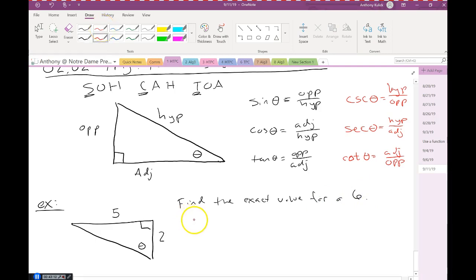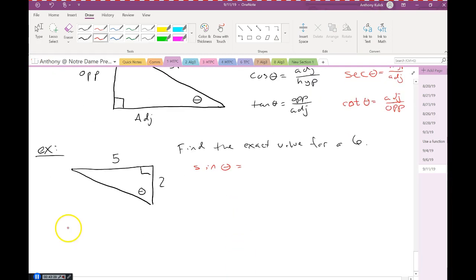Let's say we want to start by finding the exact value for sine theta. Do I have enough information to do this currently? No. What do I still need? The hypotenuse. How can I figure out what the hypotenuse is? I can use the Pythagorean Theorem. Good. What is the Pythagorean Theorem again? Good.